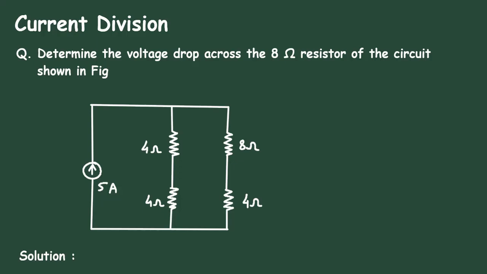So the total voltage will be V1 plus V2 plus V3. Here we can write total voltage is equal to V1 plus V2 plus V3. V1 plus V2 is 63 plus V3, it is 24.